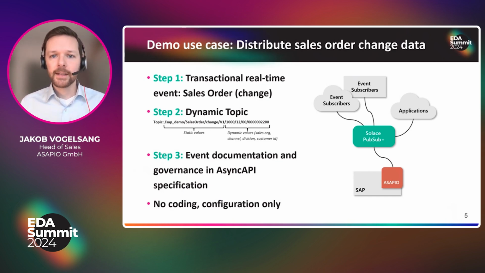And then as a second step, we have also configured a dynamic topic, to make your event more structured and filterable so that event consumers could filter on dynamic attributes of that event without you having to configure those topics previously in the broker.